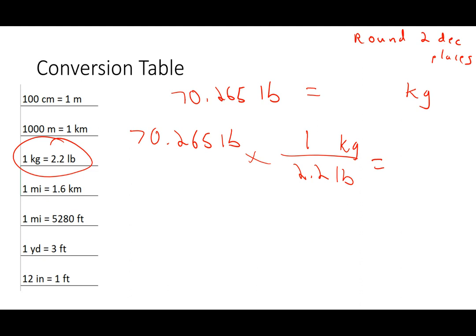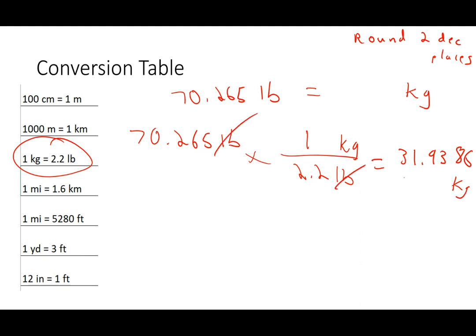Now, you may know that multiplying by 1 is not going to change my answer, but I'm going to do that anyways, just to show you. 70.265 times 1 is 70.265. Then I divide by 2.2. That gives me 31.9386. Now that's kilogram, because pounds got canceled out.